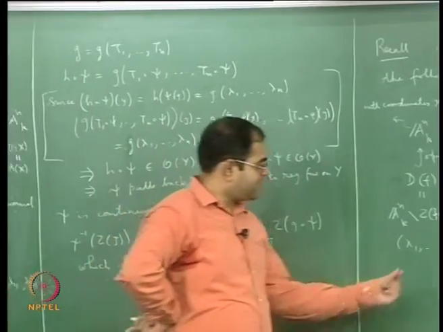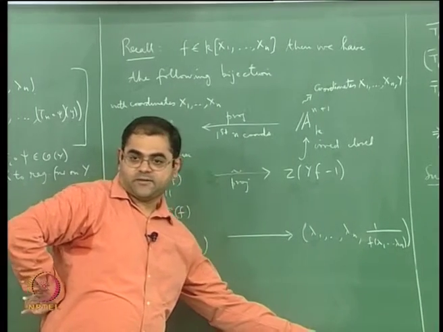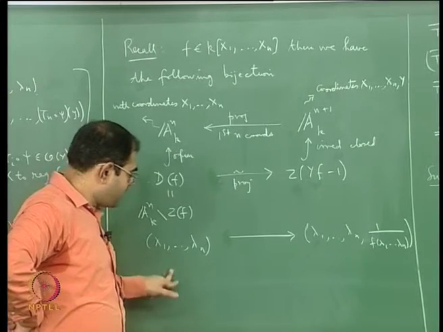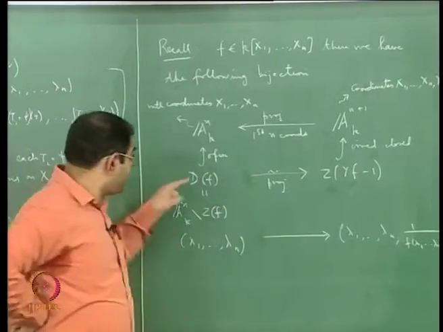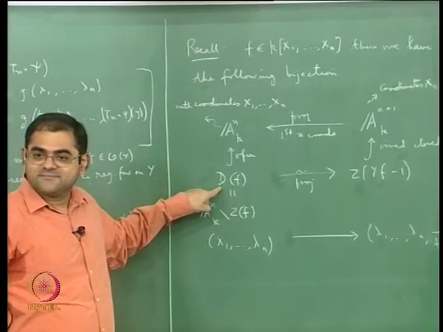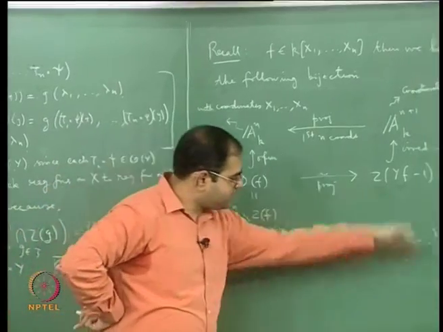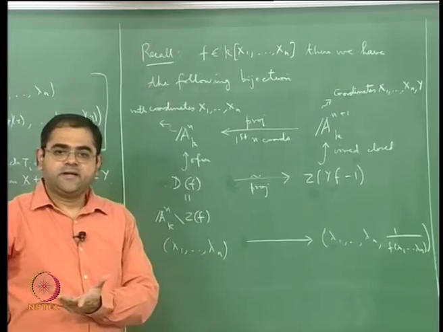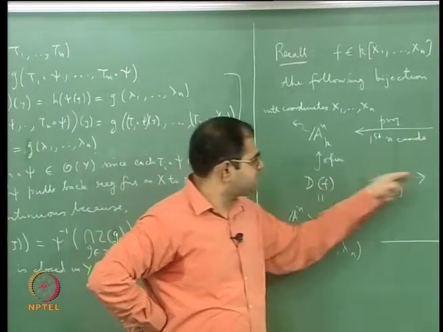Okay, if I take a point here, I take the image there and I project onto the last coordinate, what I get is a point here going to 1 by f of that point. So I get the function 1 by f, but 1 by f is also a regular function on D_f. Okay, so I have verified the condition that every projection of this map with the coordinate functions is a regular function, therefore this becomes a morphism.